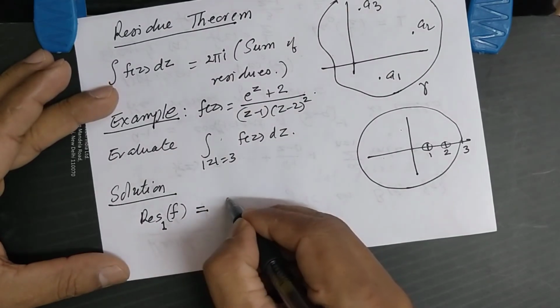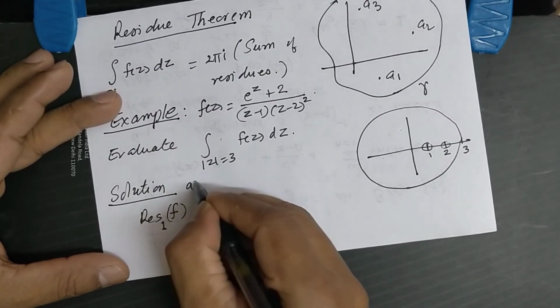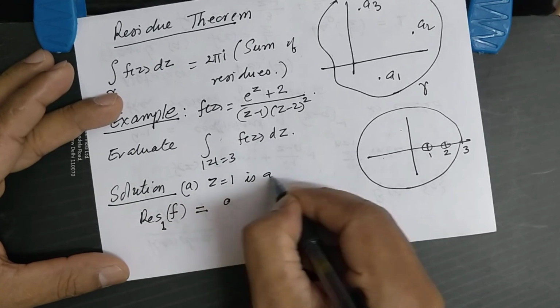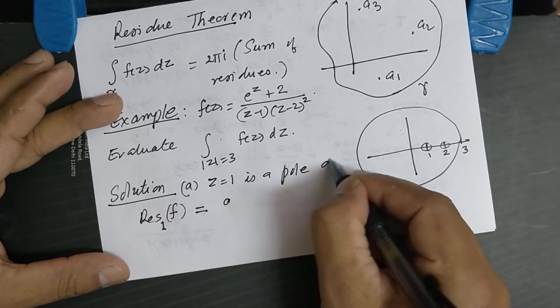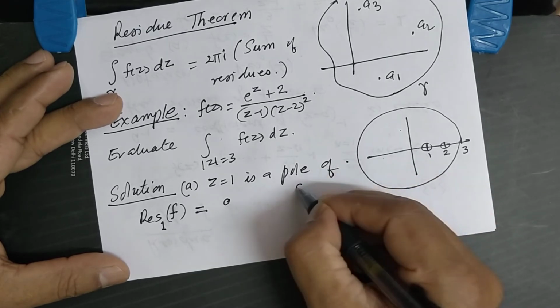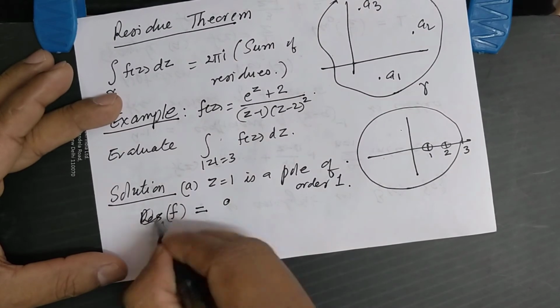Let me divide this into two parts. z equal to 1 is a pole of order 1, right?